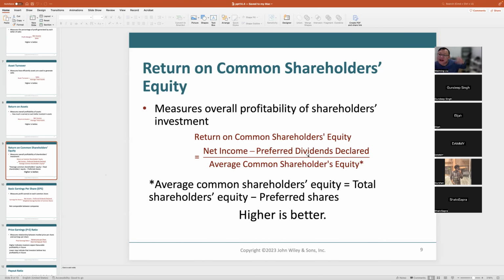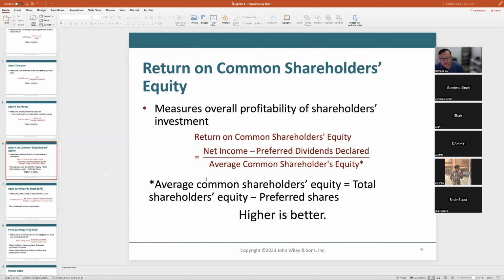That difference is the income available to the common shareholders. Preferred shareholders get it first, so whatever is left is the income available for the common shareholders.